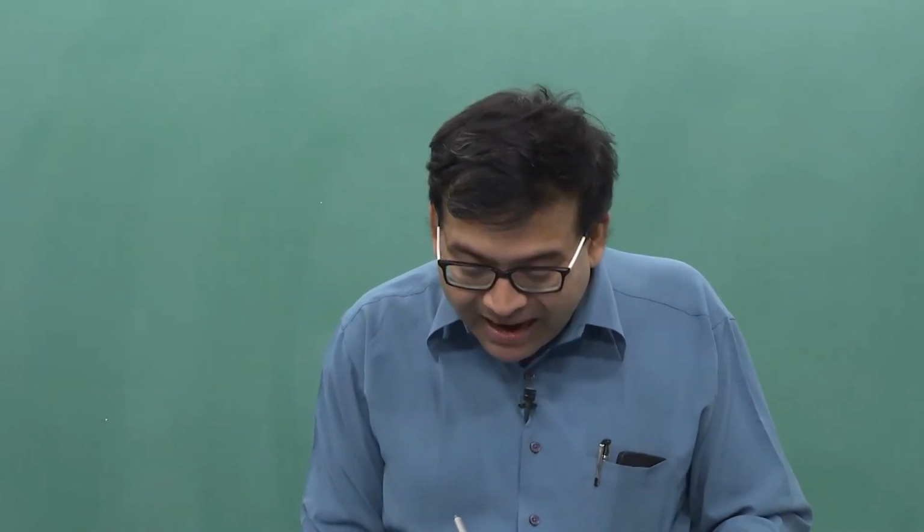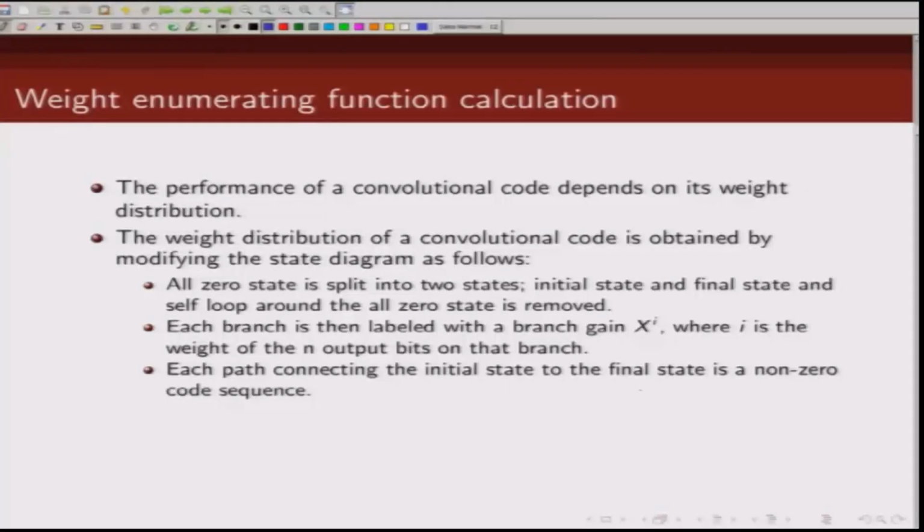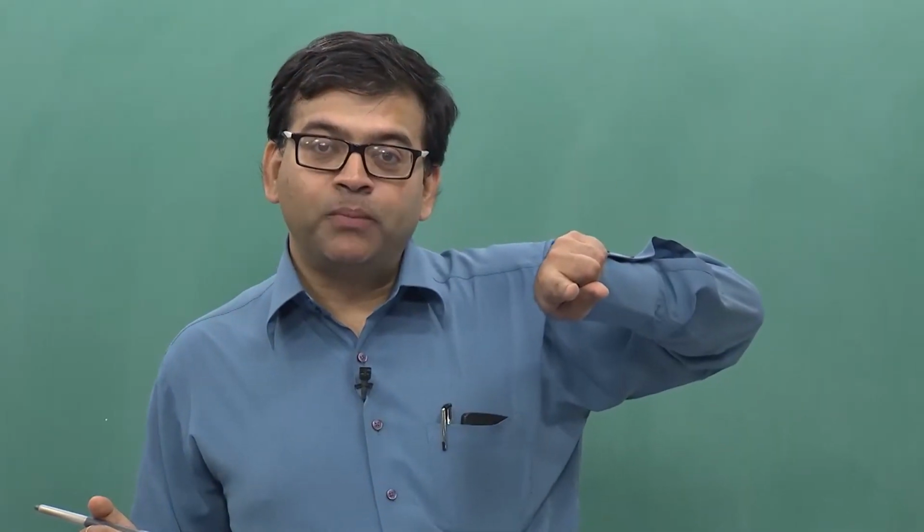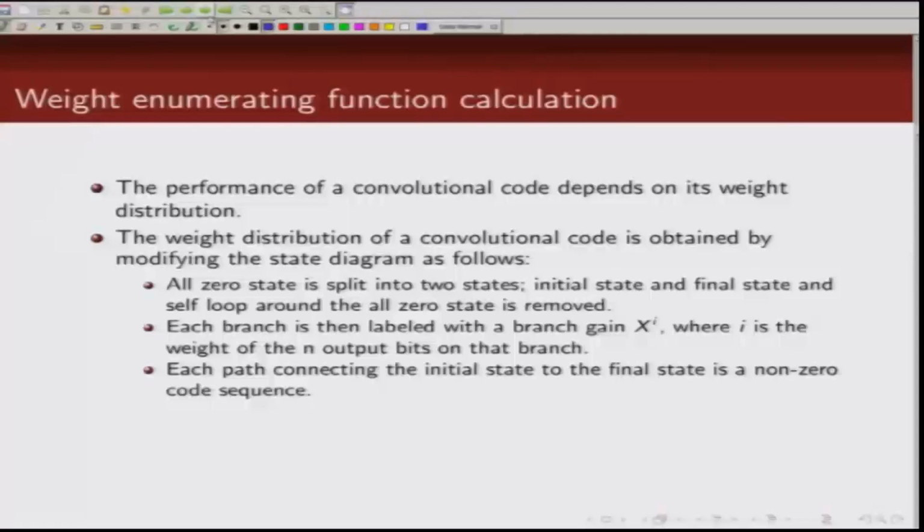So, each path connecting the initial state to the final state is a valid non-zero code word, because we have removed the self loop around the all 0 state. So, this modified state diagram now shows us all possible non-zero code words.